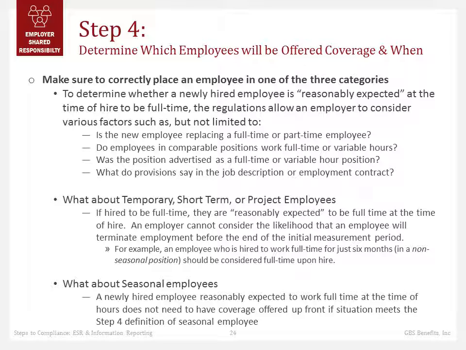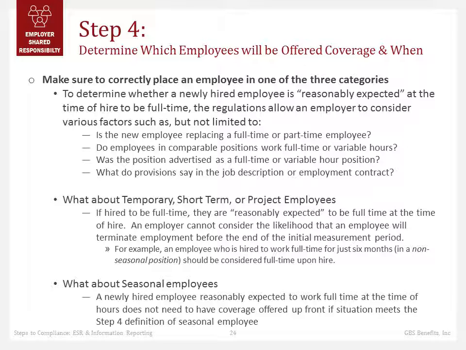That seems to answer most questions, but then there are some additional complications that come up, and that deals with temporary, short-term, and project employees. I get a lot of questions about, well, I hired this person to be full-time, but I know they're only going to be with us for 9 months. The answer is that type of employee would be put into this bucket, the bucket of we are reasonably expecting this newly hired employee to be full-time.